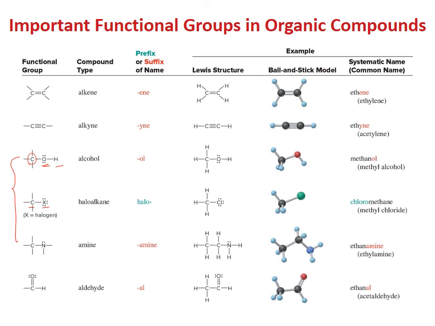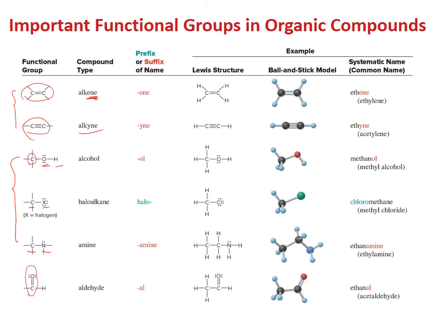In amine, a carbon bonds to a nitrogen. These functional groups usually undergo elimination and substitution reactions. Carbon-carbon double bond is called alkene, ENE, and carbon-carbon triple bond is called alkyne. These functional groups usually undergo addition reactions.